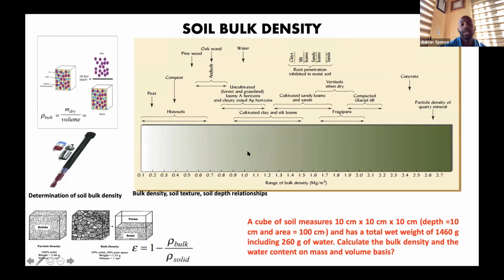So another important soil physical property we want to look at, or we had looked at, is the bulk density. And bulk density really is important from a management standpoint. So information from bulk density can be used in, say, for example, the type of crop you cultivate in an area.